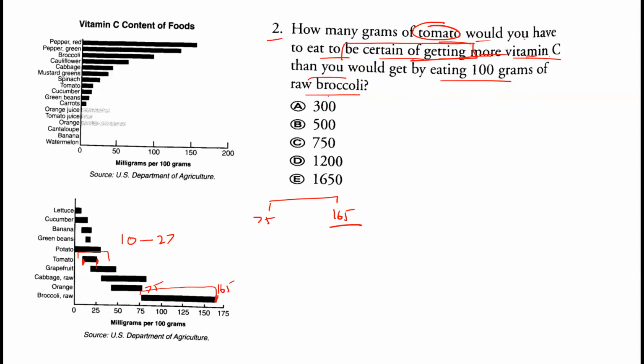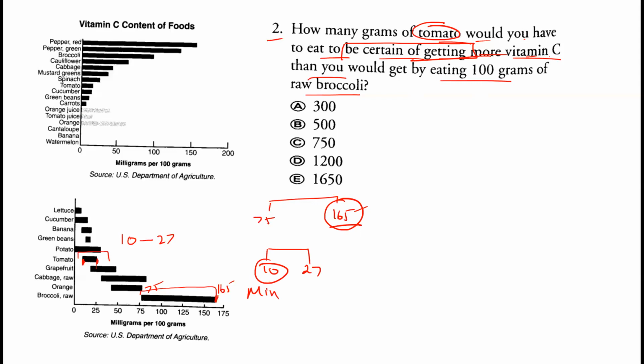So we will be choosing the maximum number over here, because we need to be certain. There might be a situation that we get a raw broccoli with 165 milligrams of vitamin C. And from here, tomato range is from 10 to 27. So we will be selecting the minimum one.